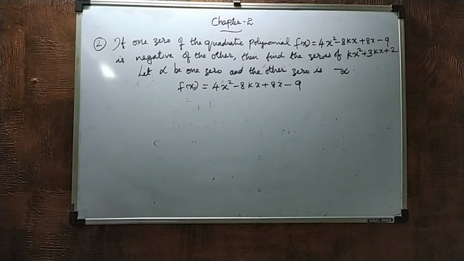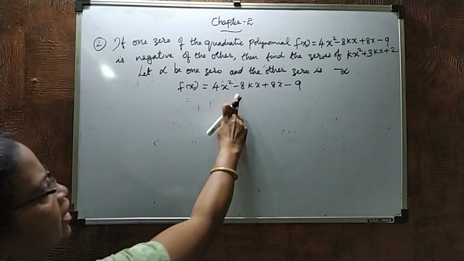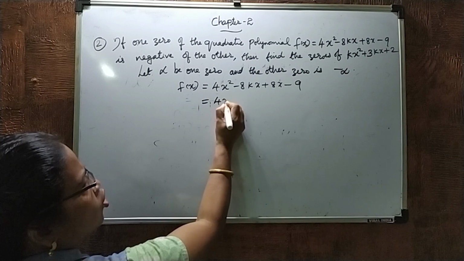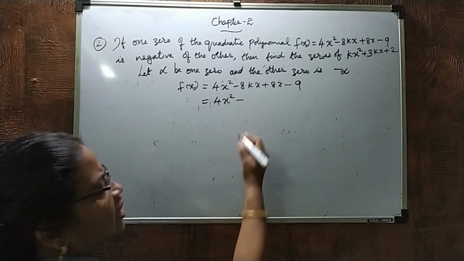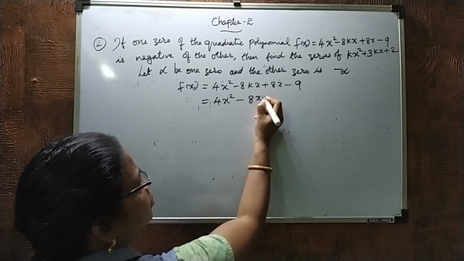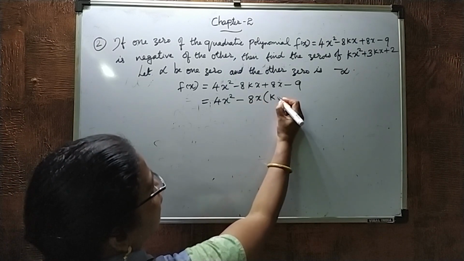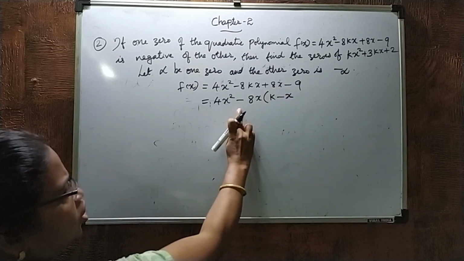Just look at the polynomial now. Here we have the same kind of term, 8kx and 8x. So we can take it together: 4x² minus, can you take anything outside? If you take 8x outside, it will be balanced: k plus x. Just look whether it is correct or not.